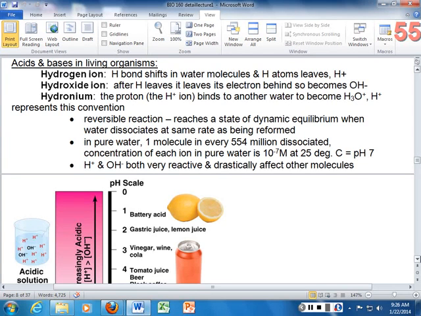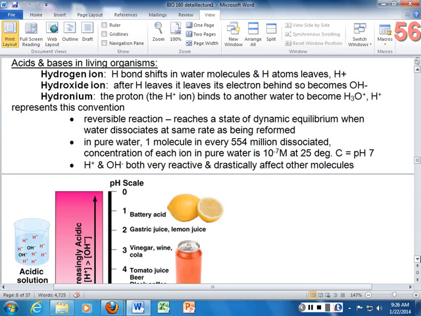So when we look at the reactions between having it be in this state and being as water, it's a reversible reaction in there. So it can go back and forth between the two.